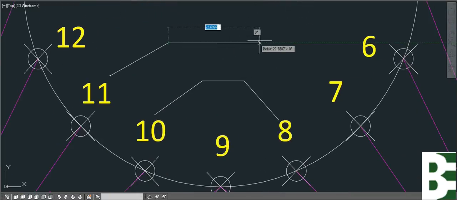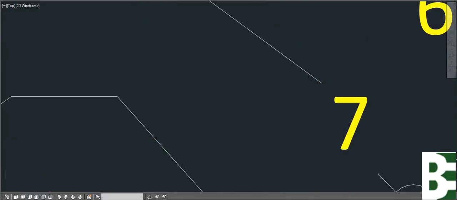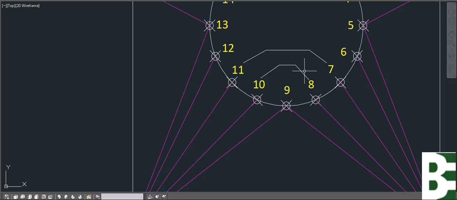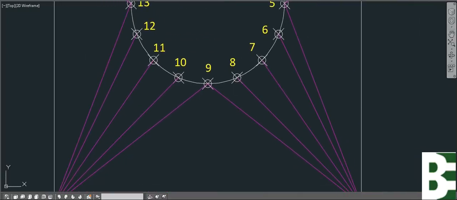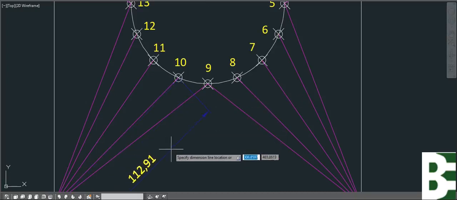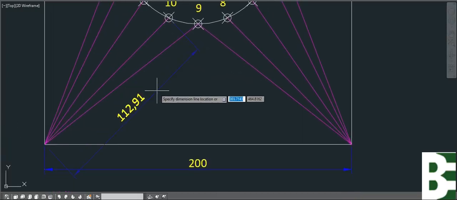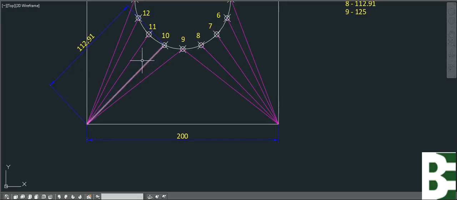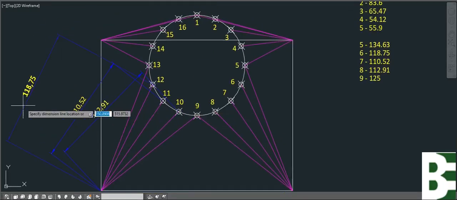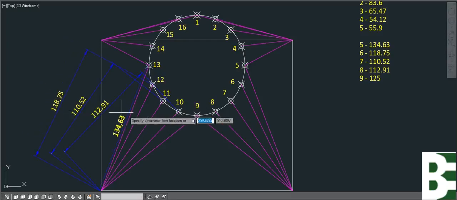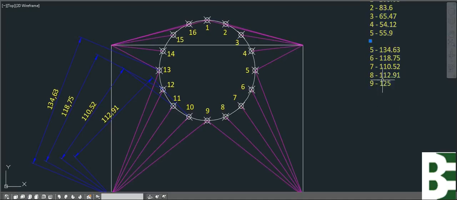You can see from both sides the dimensions are equal, because the center is offset from one side. Complete the table.